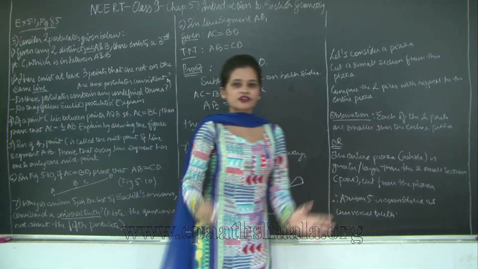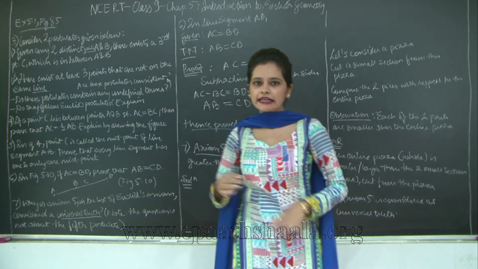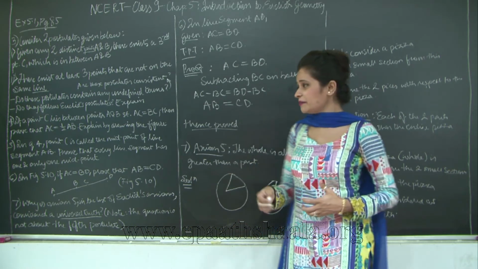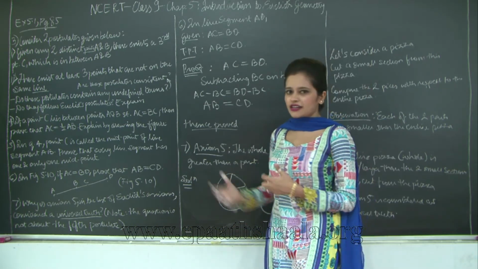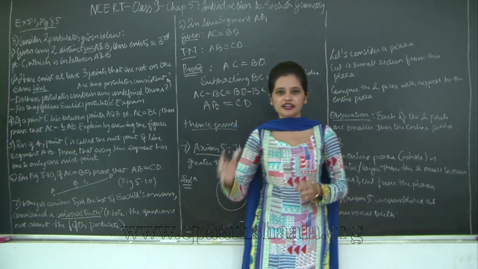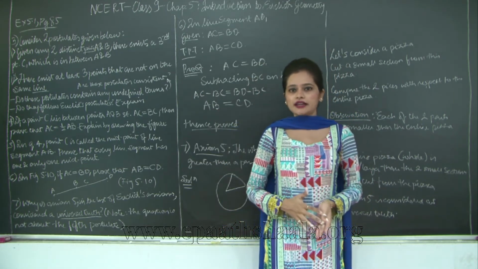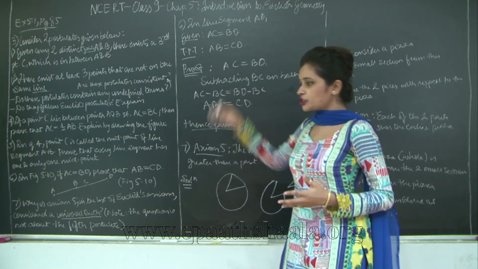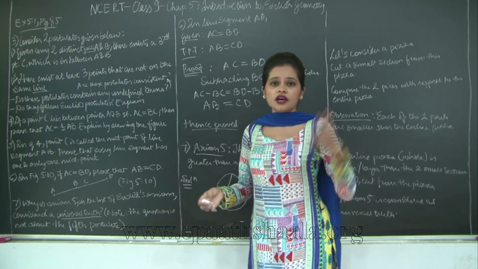So if you notice, the first two questions were pretty lengthy and a little tedious, but as we proceeded further, the remaining questions didn't take much time. This needs a lot of common sense, and you just need to look at the figure and try to understand how to deduce your answers. And also you have to be very thorough with your axioms and postulates, because they might just ask you questions based on a certain axiom.